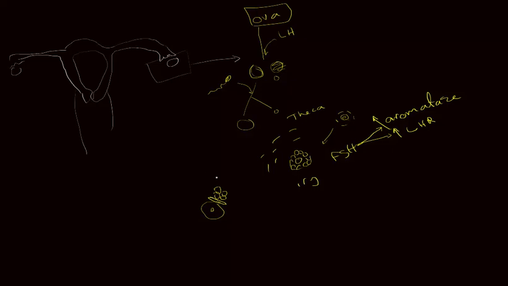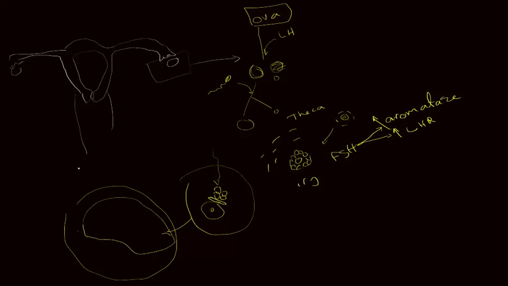The nutrition has to pass through gap junctions through the granulosa cells, then the zona pellucida and into the egg. Later on, this will start to have openings or vacuoles inside, and the vacuoles will coalesce together, and now it will become a big antrum.